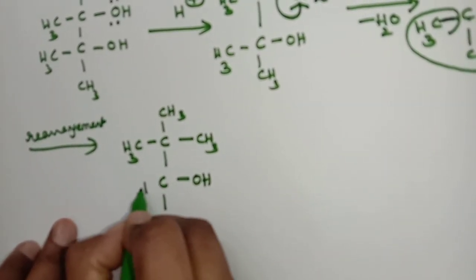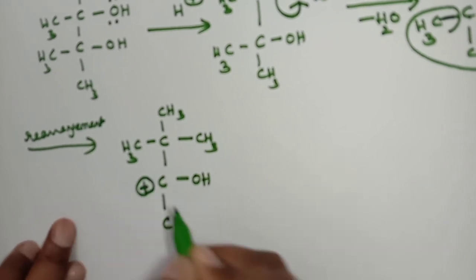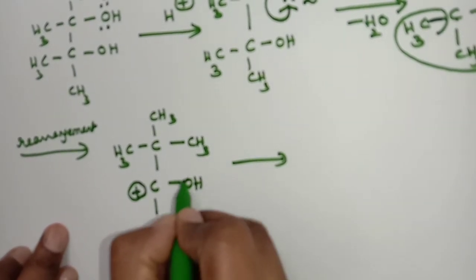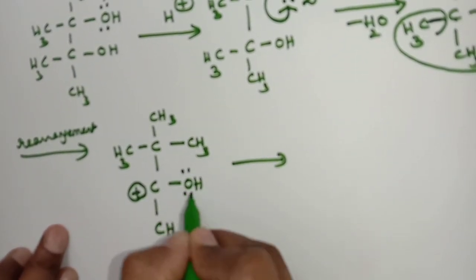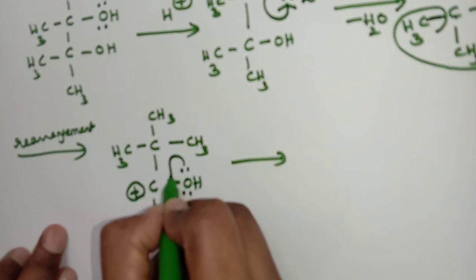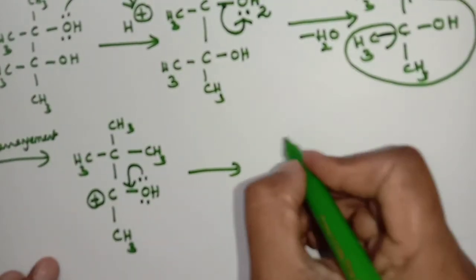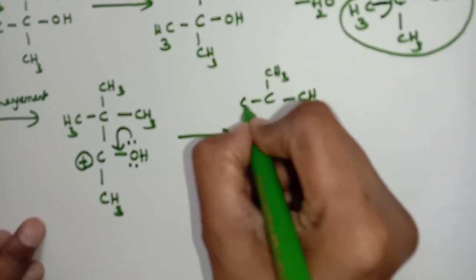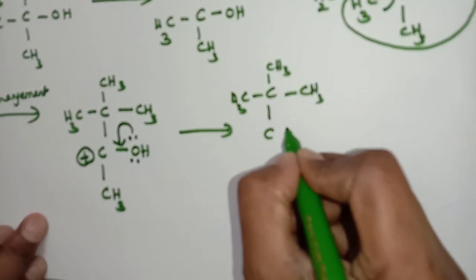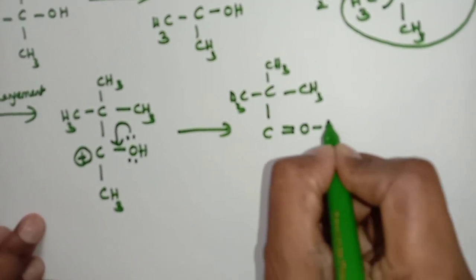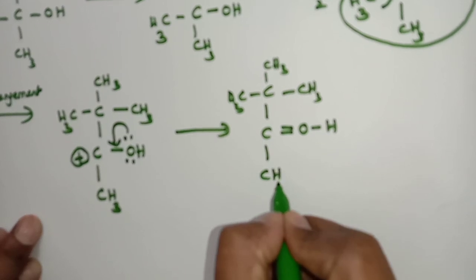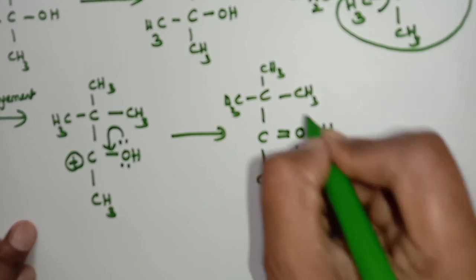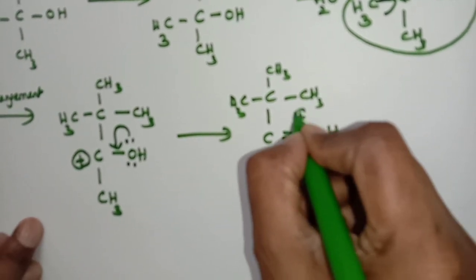Now it has only 3 bonds. Again here forms the positive charge near this carbon. How is this positive charge satisfied? Again there is oxygen. It also has 2 lone pairs of electrons. One lone pair is shifted in between carbon and oxygen. So what forms? CH3, CH3, CH3, C double bond OH, CH3. As you have seen, here also now there is only one lone pair. Again a positive charge is formed.